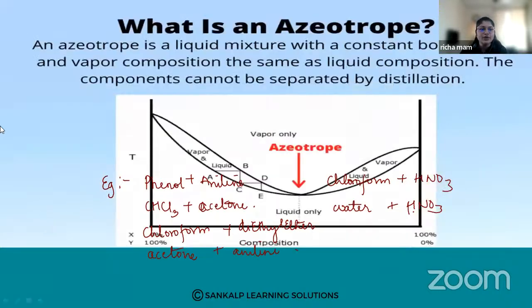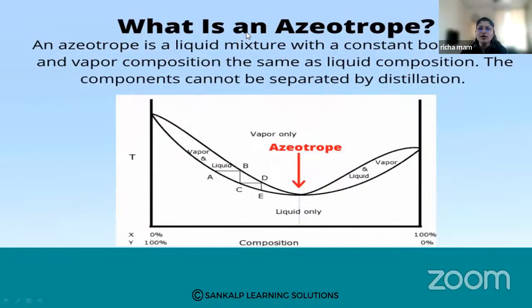So next is azeotropes. Now, what do you mean by azeotropes? Azeotropes are a liquid mixture that boils at a constant boiling point. You can note it down: azeotropes are a liquid mixture, and this liquid mixture boils at a constant temperature.